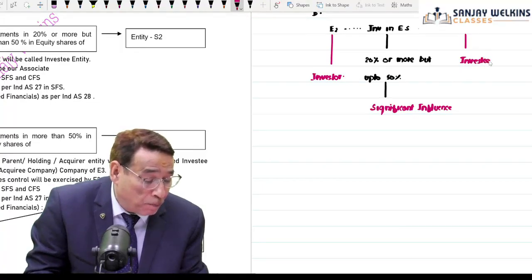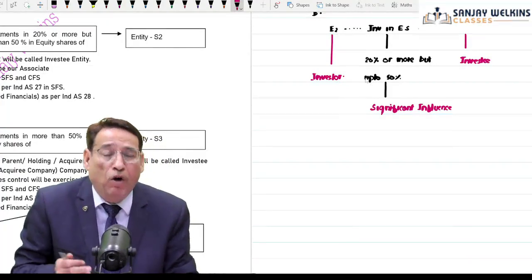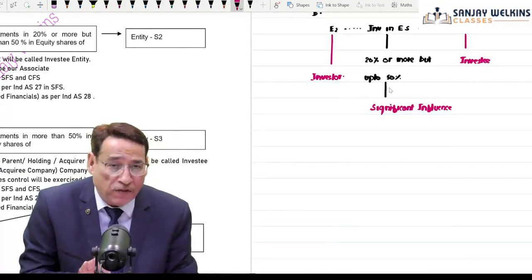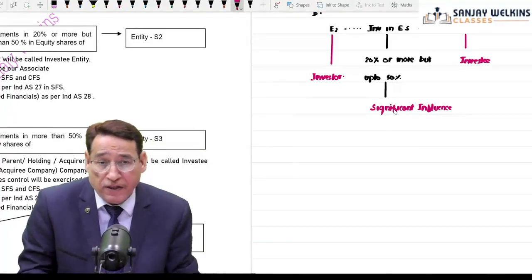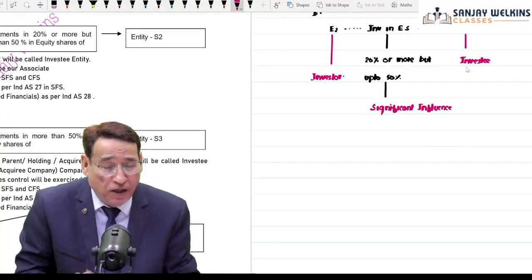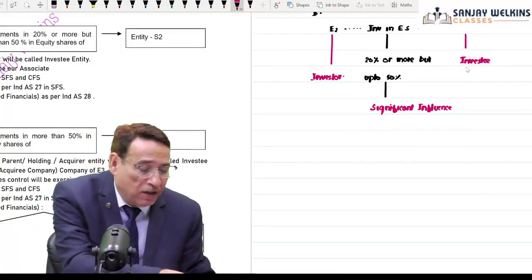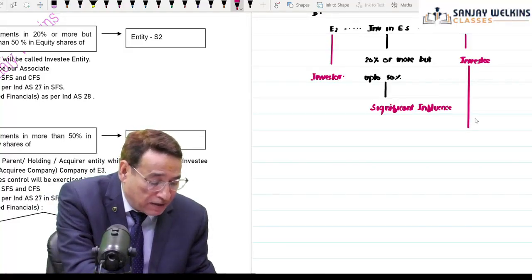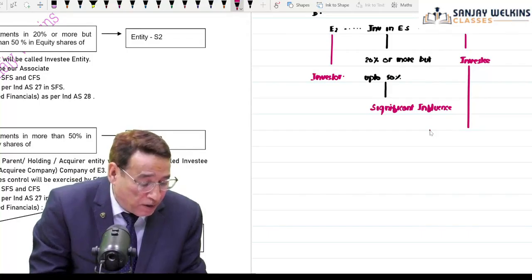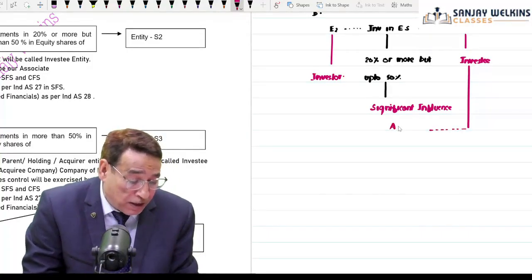But the important point is that this time our investment range is 20% or more, but up to 50%. Because our investment is pretty high, we are exercising significant influence over the other entity. And when we are exercising significant influence, the investee entity will be considered as an associate entity. So this time S2 will be considered as an associate entity of E2. Is it clear to you?